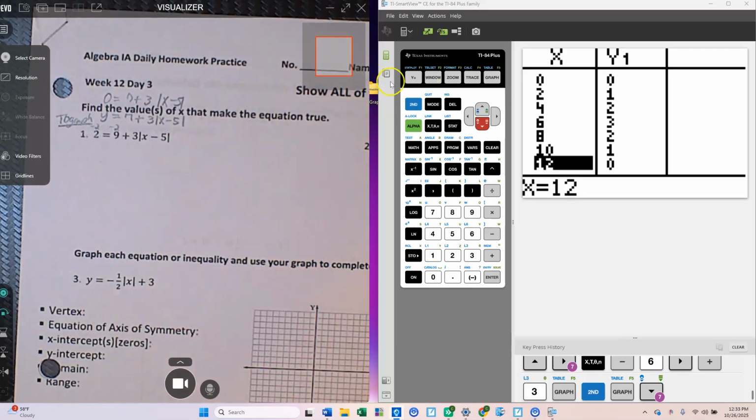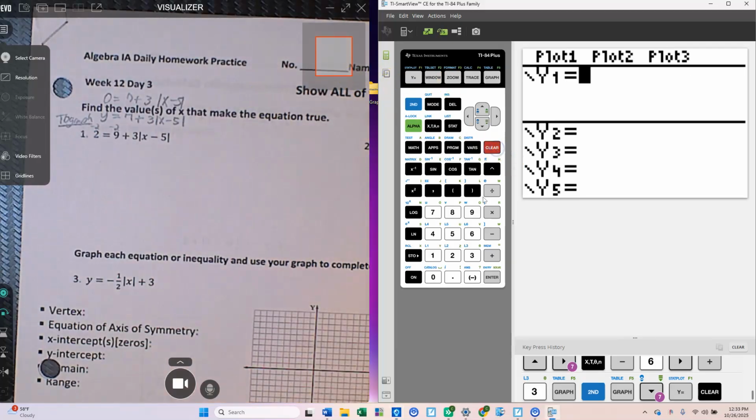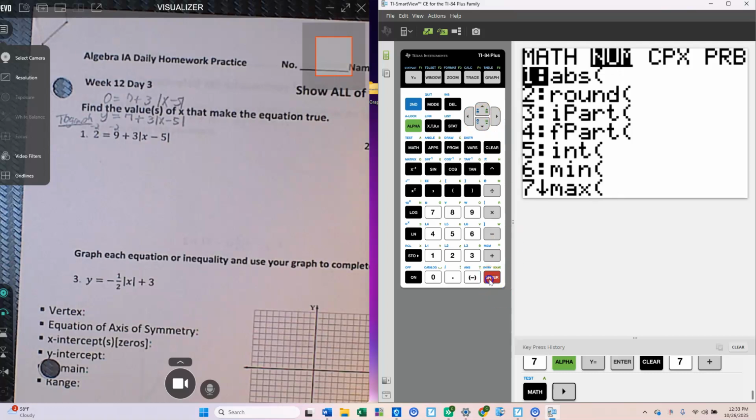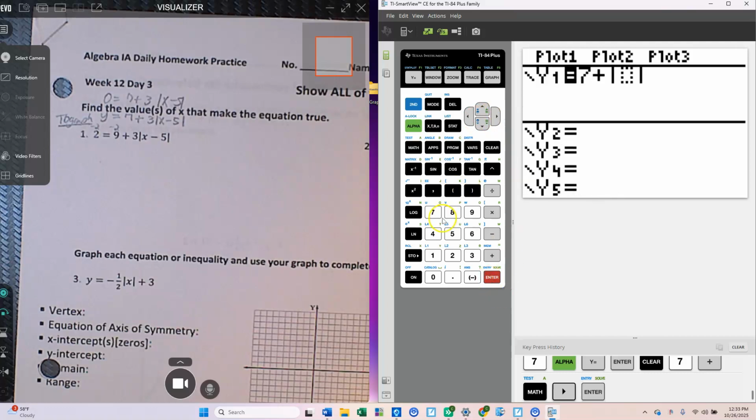So, let's go to y equals 7, alpha y equals, oh no, 7 plus math, go over to right, abs, num. Oop, I forgot the 3 in front of it. 3 math, wrong button.